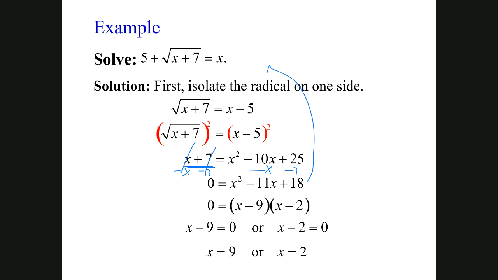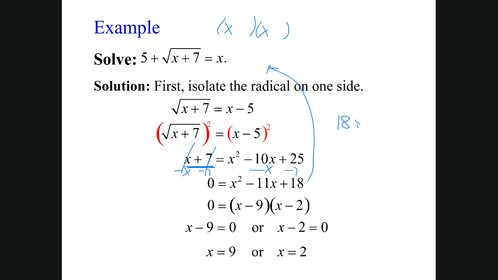Well, I can do the factoring in this one. Factoring should be really easy because my coefficient for the x squared is 1, so I can factor x and x. And the 18, how do I factor 18?